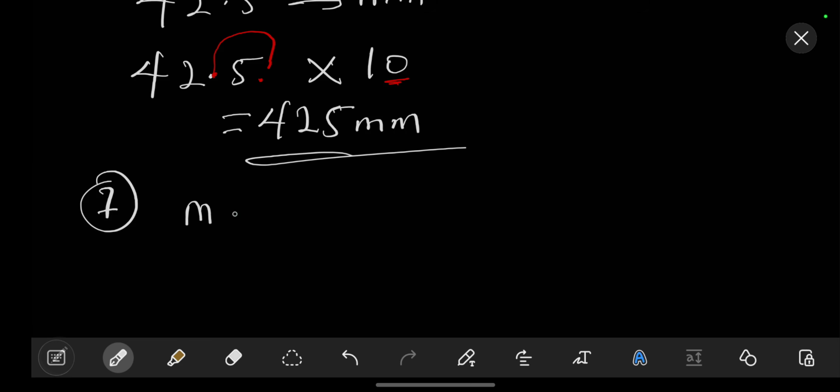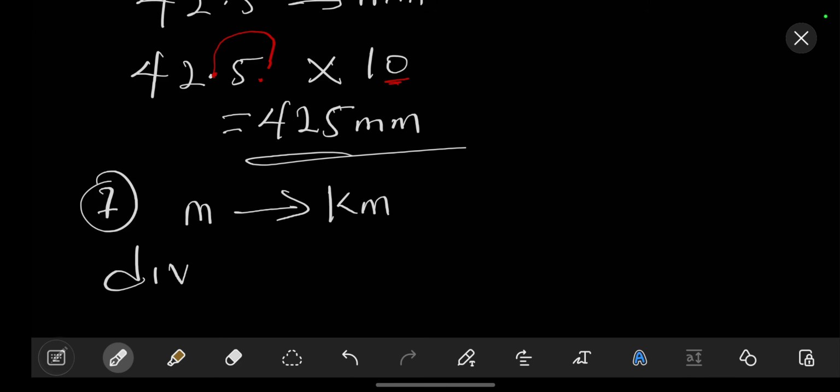Now, let's see how we can go from meter to kilometer. It's pretty easy as well. So in this case, we have to divide our value in meter by 1000, because kilometer, you see, is way larger than meter.